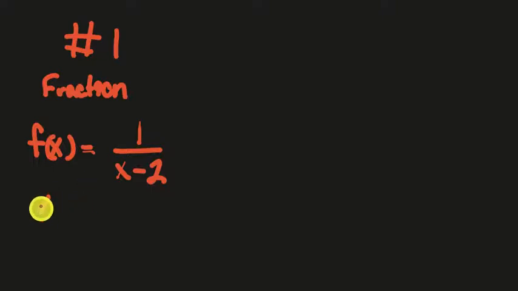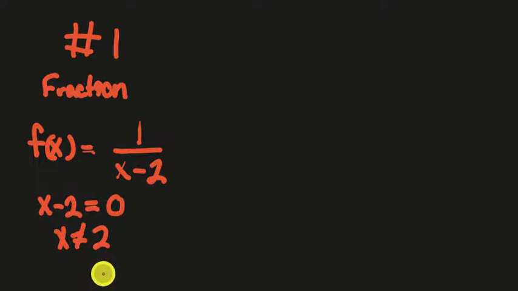So what we're going to do is get our denominator, in this case it's x minus 2, and set it equal to 0. This tells us what value of x gives us 0 in the denominator. If we add 2 on each side, we'll get that x equals 2, or a better way to think about it is that x cannot be equal to 2 because the denominator cannot be equal to 0.